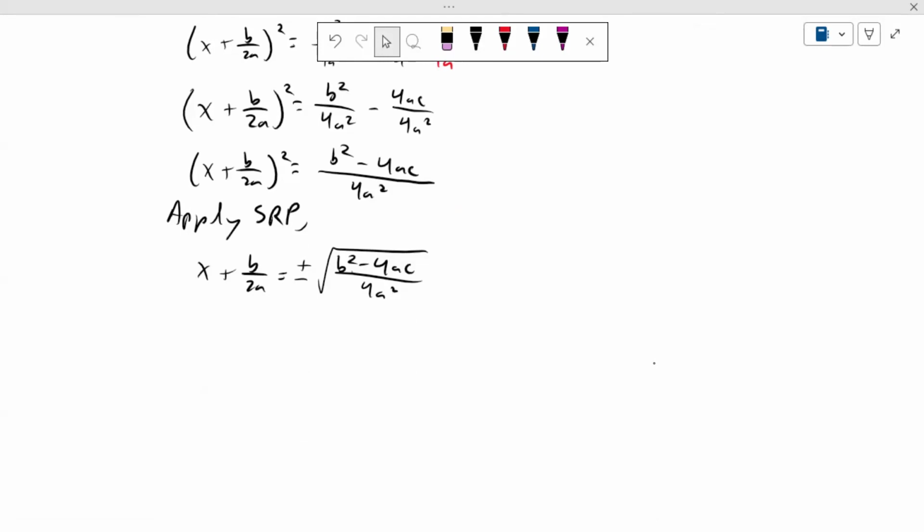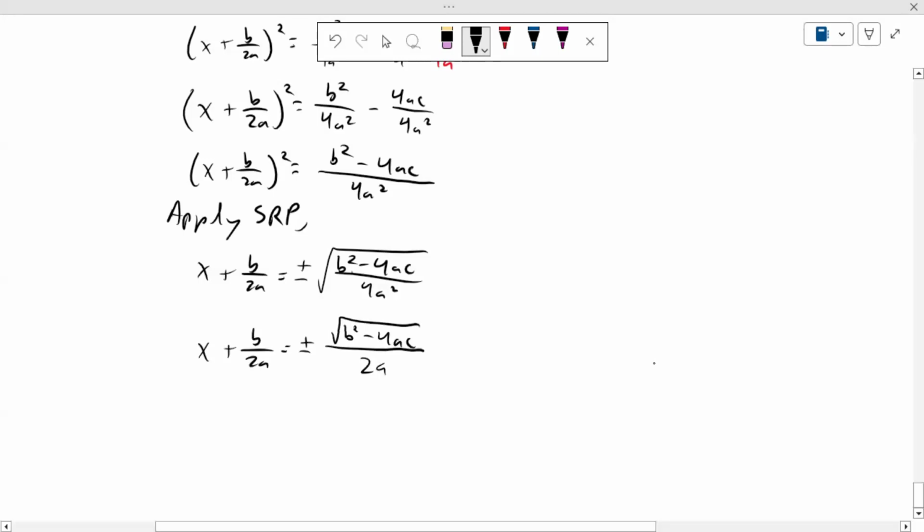Now, I'm going to distribute the square root to the numerator and the denominator of this fraction. The square root of the numerator, b squared minus 4ac, is quite complicated, and we can't do anything with that. The square root of the denominator, though: the square root of 4 is 2, and the square root of a squared is just going to be a.